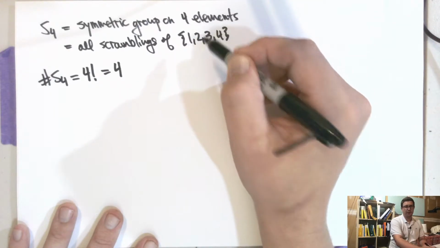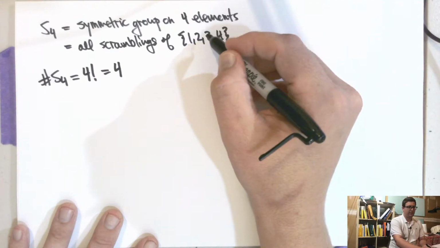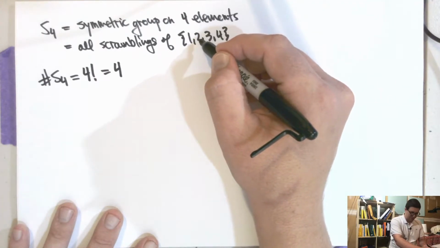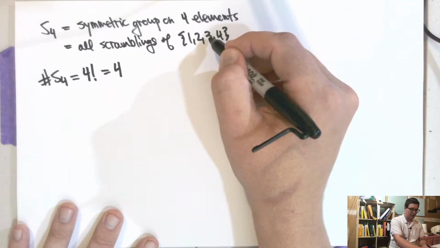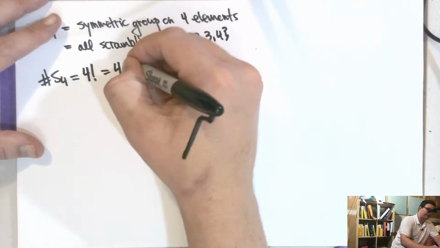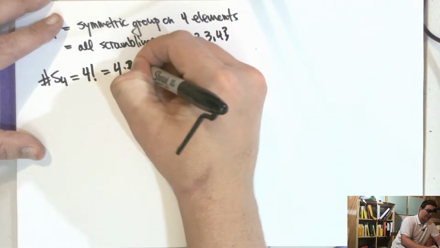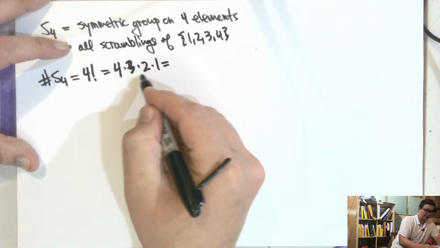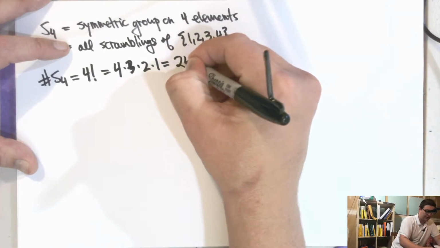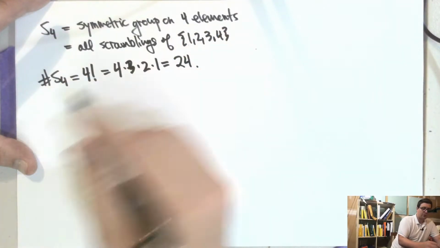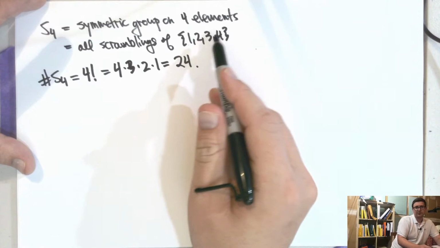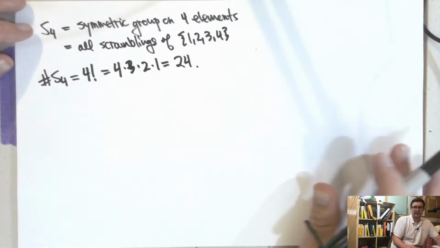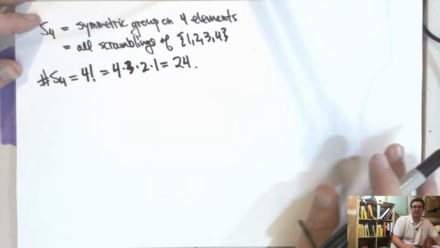Then we need to decide where 3 gets sent, so there's 2 options for 3 and 1 option for 4. So that's 4 times 3 times 2 times 1, and that is, okay, so 12 times 2, that is 24. Okay, so there are 24 ways in which to scramble the letters 1, 2, 3, and 4.